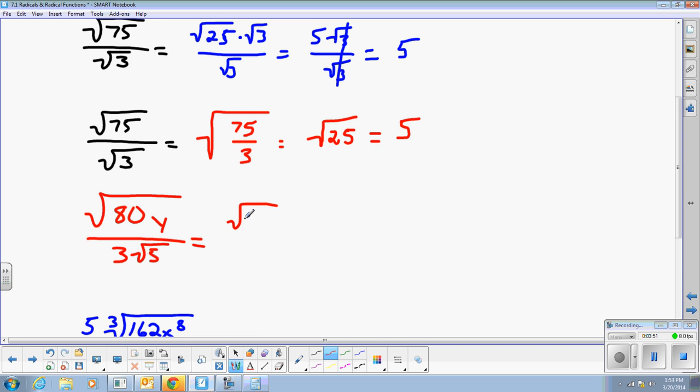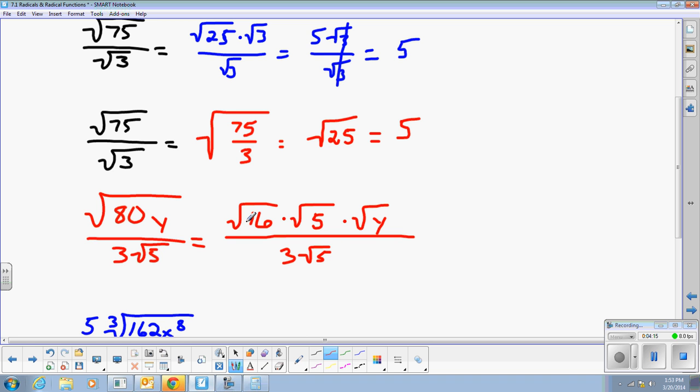But this is then the square root of 16 times the square root of 5. And I like to write the perfect square first because I know I'm going to simplify that later. And then this is times the square root of y. So I've now separated the variable factor from the numerical factor so I can work with them. Then the bottom, 3 times the square root of 5. There isn't anything I can do with that, so I'll leave that as 3 times the square root of 5.